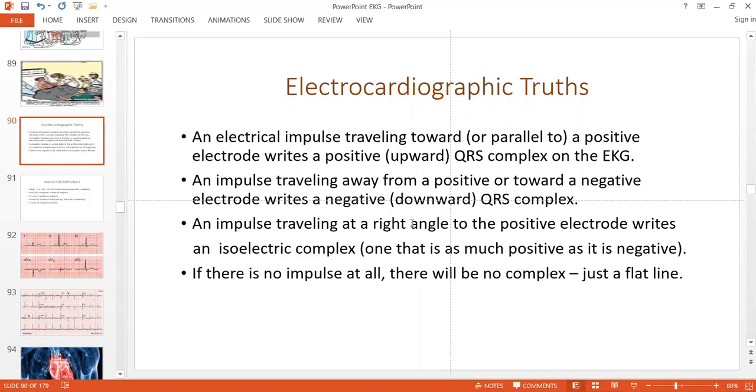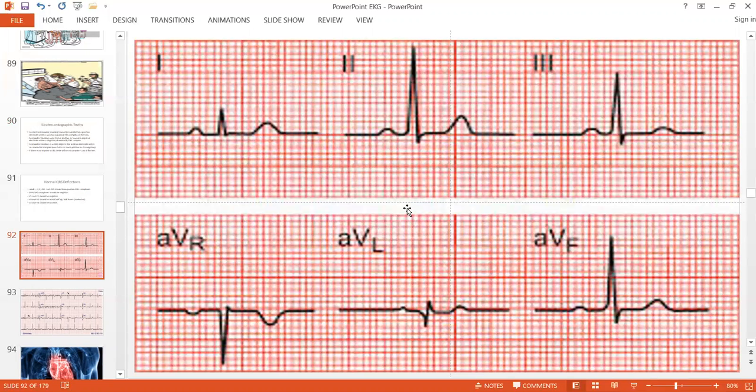An impulse traveling at a right angle to a positive electrode writes an isoelectric complex, which is as much positive as it is negative. And if there's no impulse at all, there will be no QRS complex. This is when you'll have asystole or a flat line on the EKG. So let's look at what those QRS complexes look like.